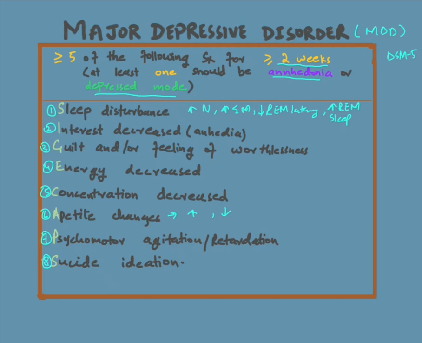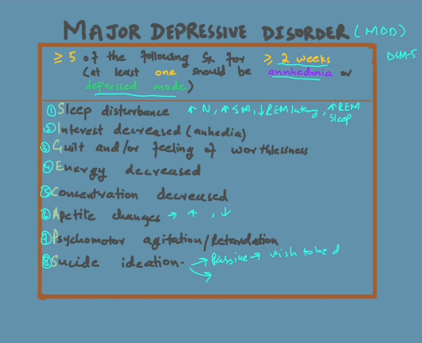Then number 8 is suicide ideation, and that is important to know. It can be active or passive. Passive means the patient wishes to be dead, for example saying, I wish to be dead and not wake up.